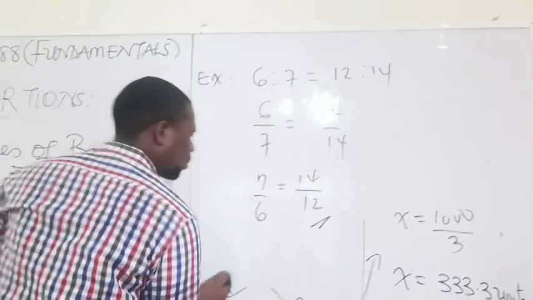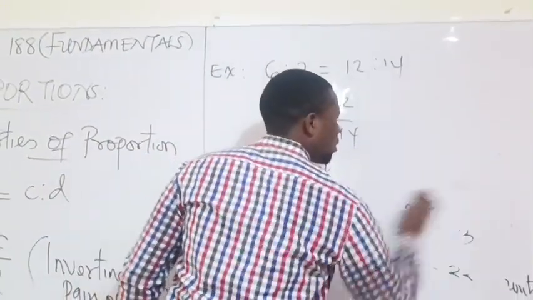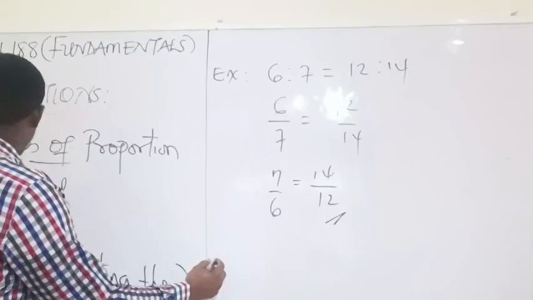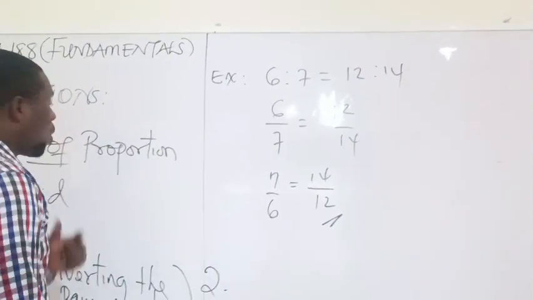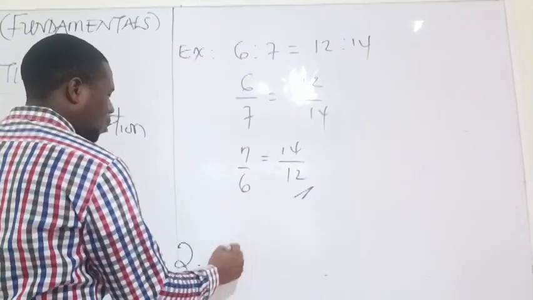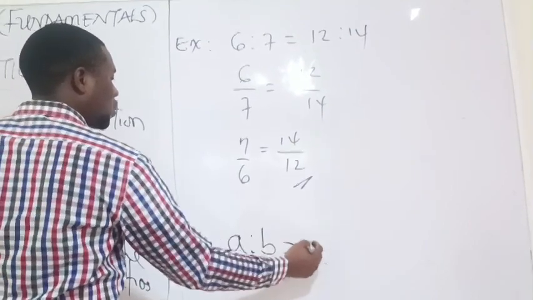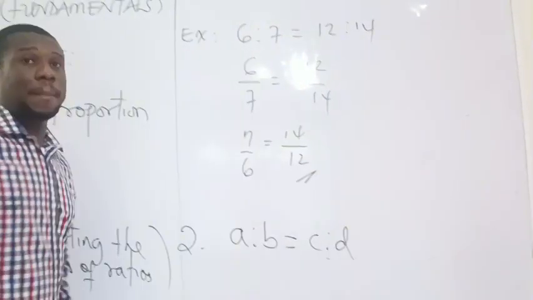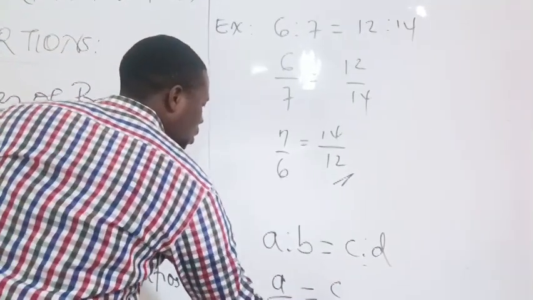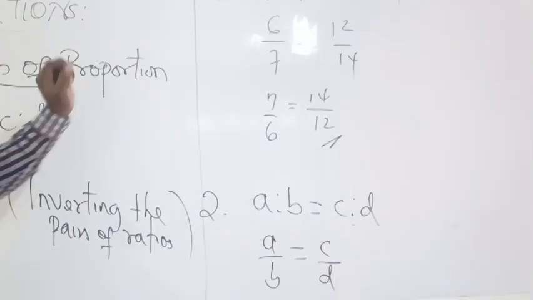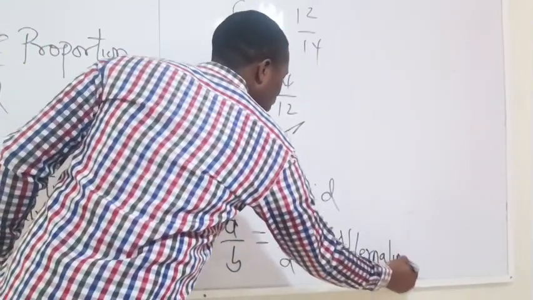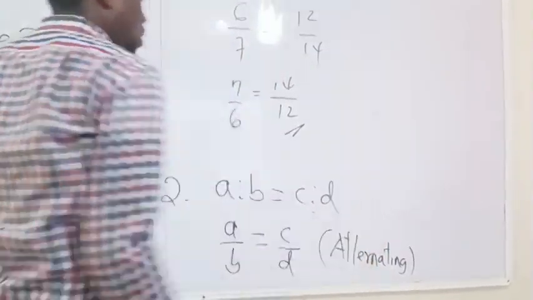Now, the second property is alternating of ratios. So we could alternate a pair of ratios. So number 2 is alternating a pair of ratios. Let's take for example A is to B as C is to D. So I could write this as A over B is equal to C over D. So how do I really alternate this pair of ratios?